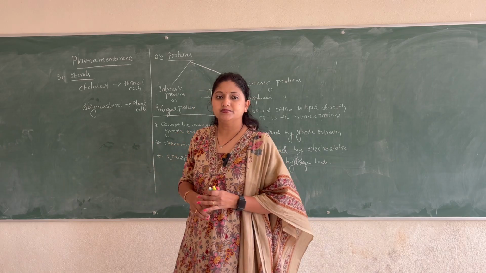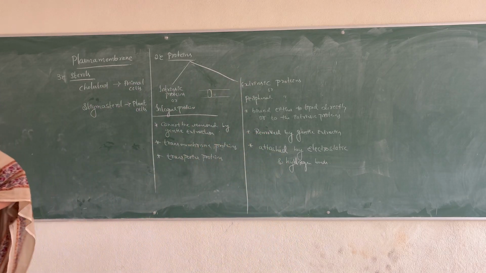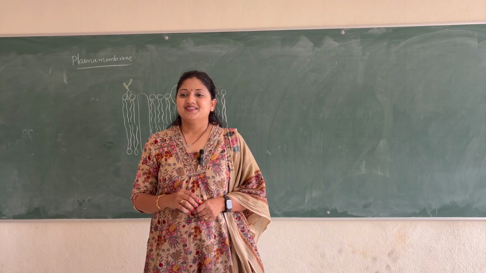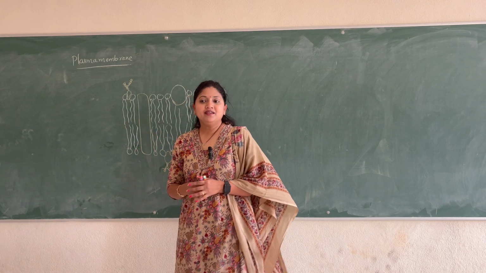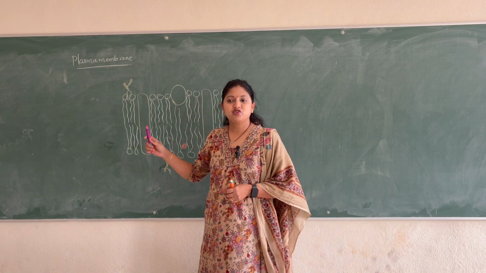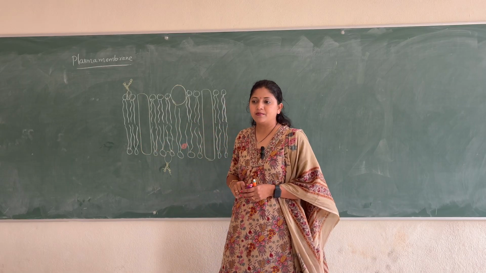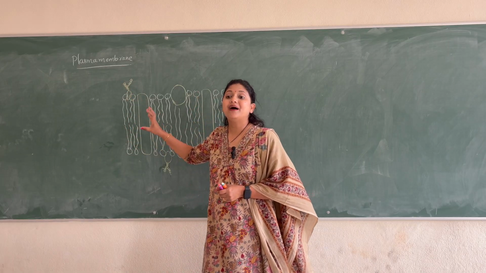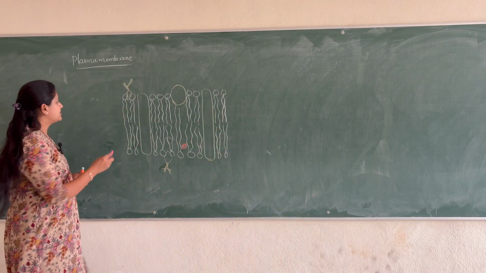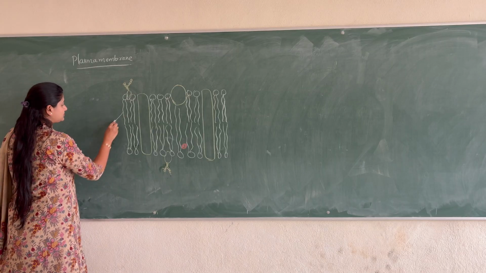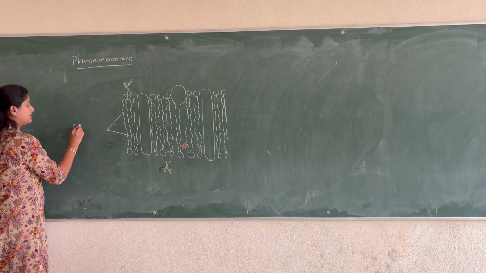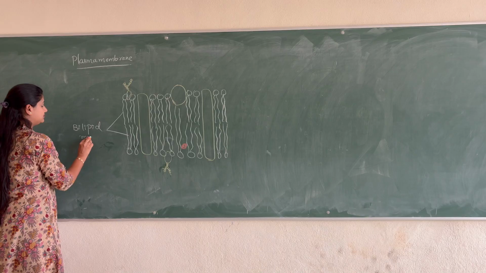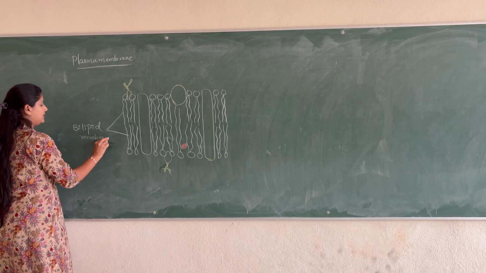Just note it down once. The structure of the plasma membrane. Here I've drawn the rough structure of the plasma membrane, which is showing two lipid layers, which we call a bilipid layer, right? It is a bilipid membrane.